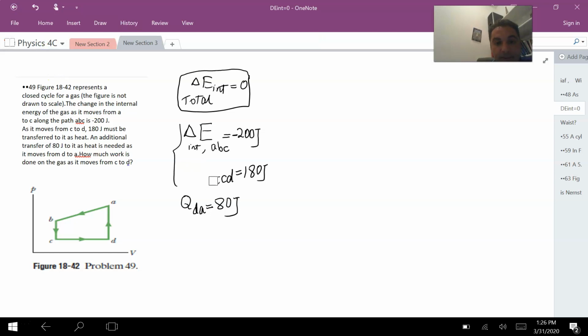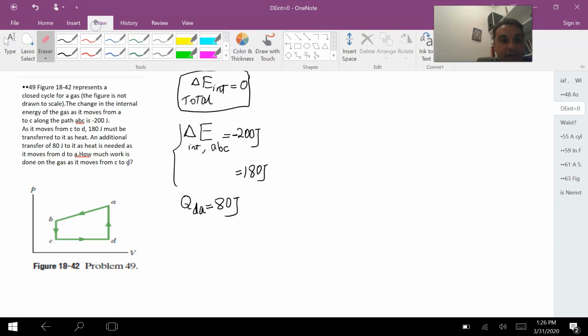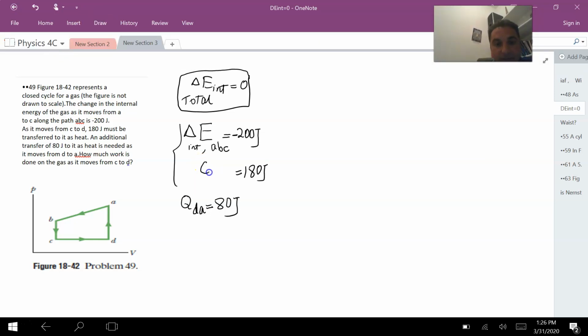This is Q in the path of CD, not internal energy. So Q in the path of CD is 180 joules.